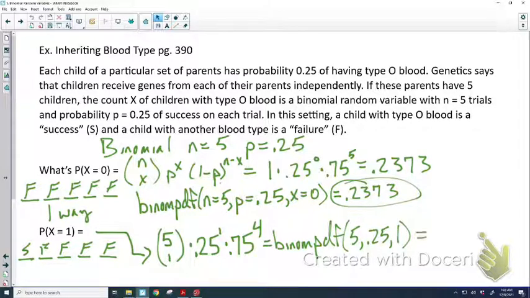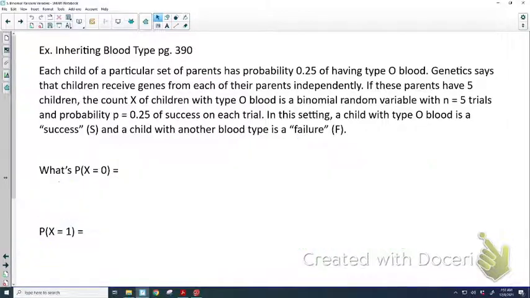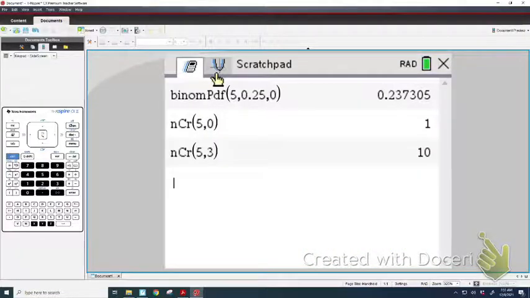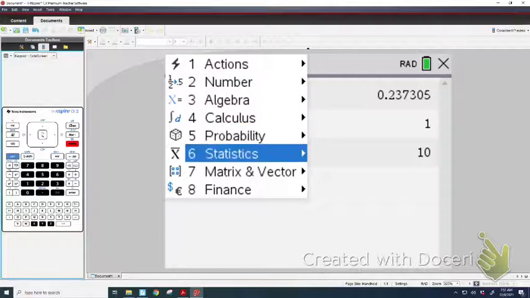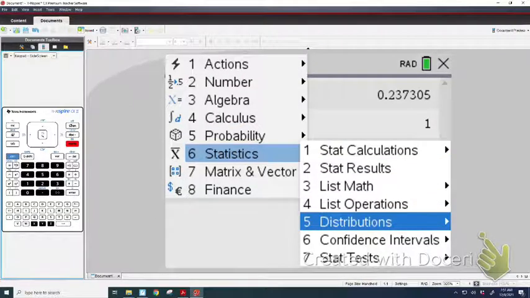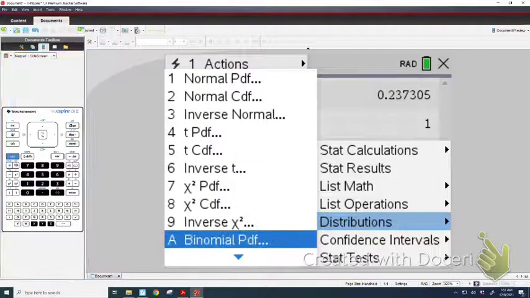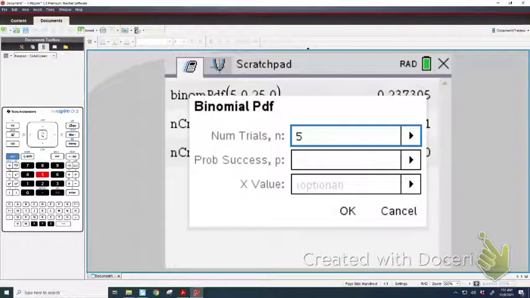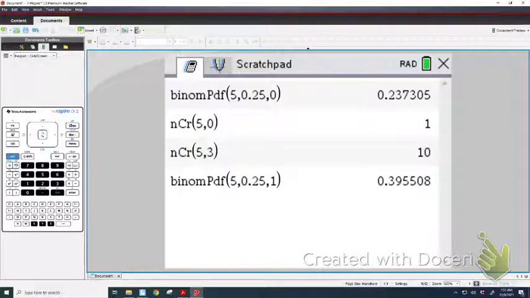And let's see what we get. Menu, stats, distributions, binomial PDF, 5, 0.25, whoops, 0.25 and 1, we get .3955.